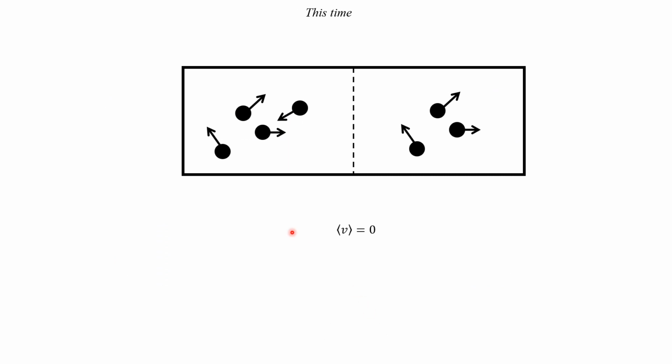To make sense of the diffusion current, we're going to consider a box, and we're going to suppose that there's a gas of particles on the left side of this box and a gas of particles on the right side of the box. They have different concentrations on both sides, and in both cases the average velocity is zero.